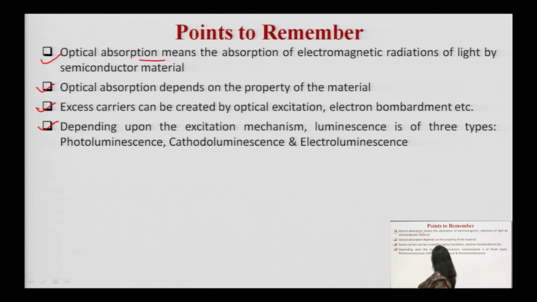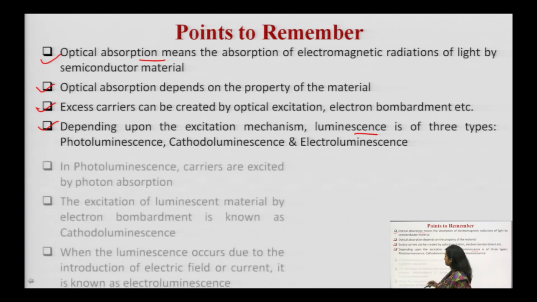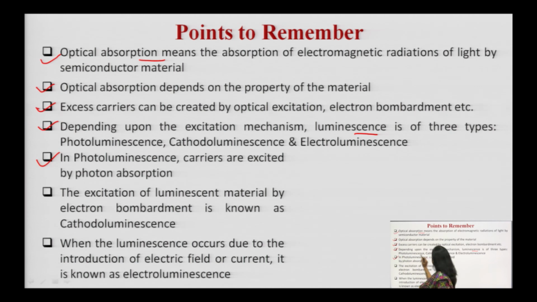Depending upon the excitation mechanism, there are three types of luminescence: photoluminescence, cathodoluminescence and electroluminescence. In photoluminescence, carriers are excited by photon absorption. In cathodoluminescence, the excitation is because of electron bombardment, and when the luminescence occurs because of the introduction of an electric field or current, it is known as electroluminescence.